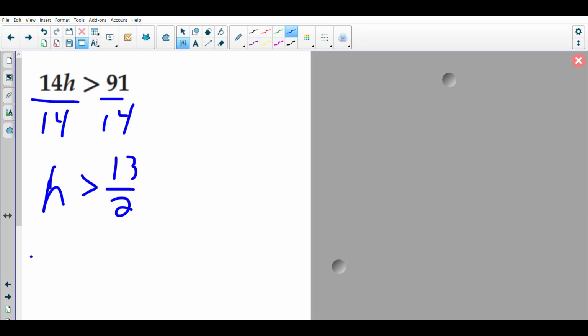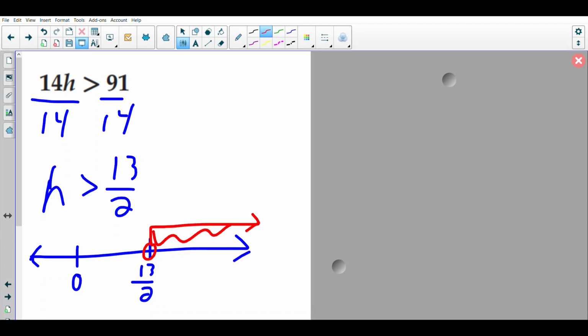Now we need our symbol. Notice I divided by a positive number, so I don't flip the symbol. So we get our arbitrary 0, and we get 13 over 2. We have an open circle, and the variable's on the left, so we follow the arrow.